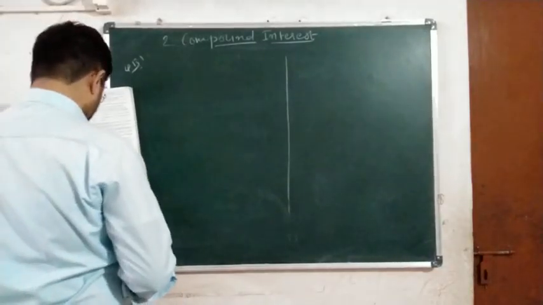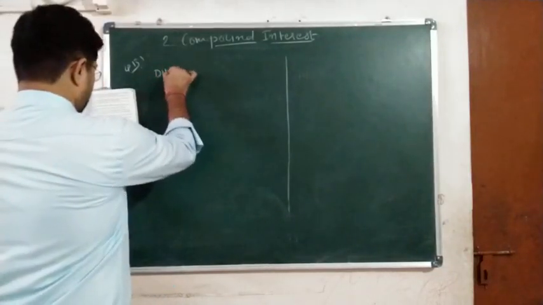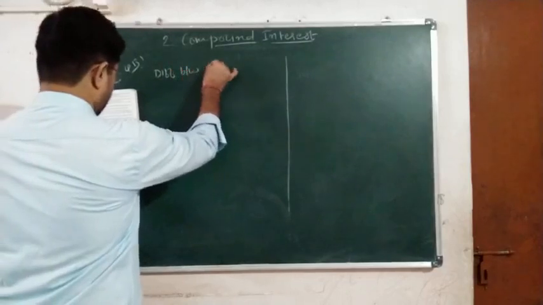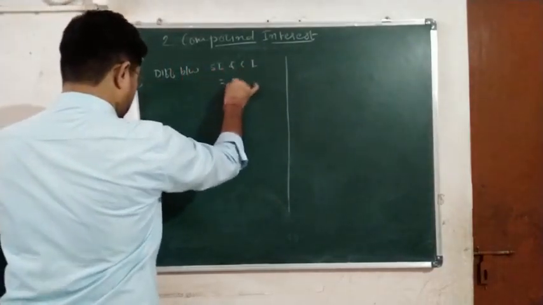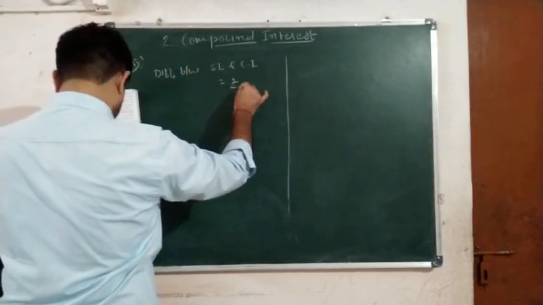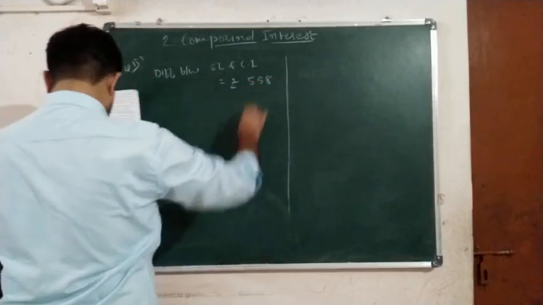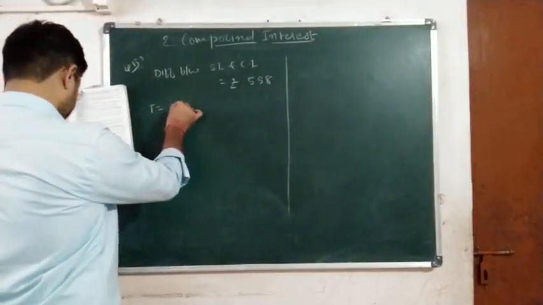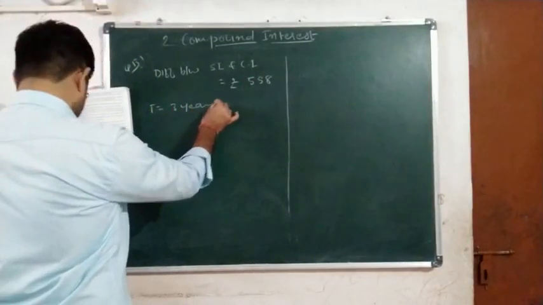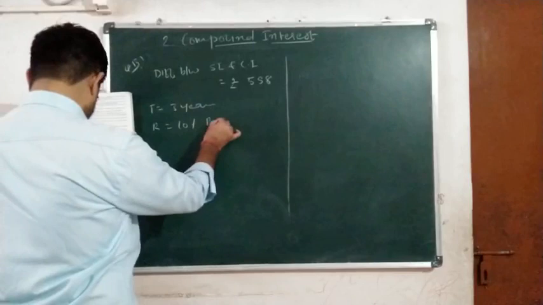Here you are given the difference between SI and CI. Time is given as 3 years and rate is given to be 10%.